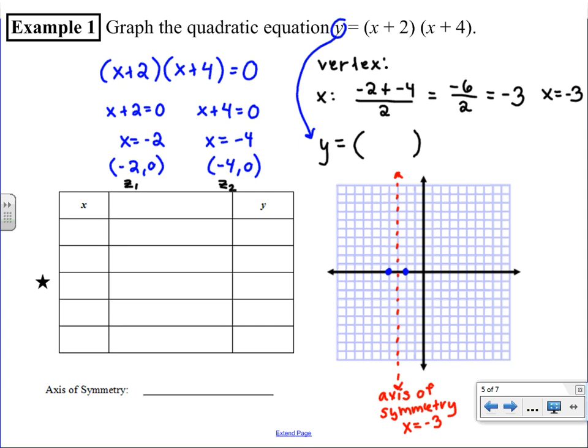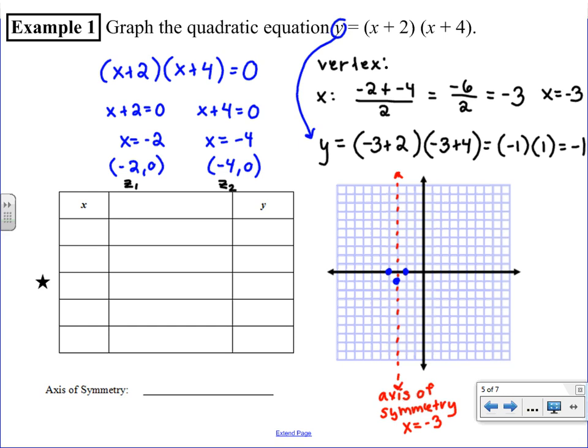So if our x value is negative 3, I'm going to do negative 3 plus 2 times negative 3 plus 4. And negative 3 plus 2 is negative 1. Negative 3 plus 4 is 1. So my vertex is at negative 1. So I can now graph negative 3, negative 1, and there is the vertex.